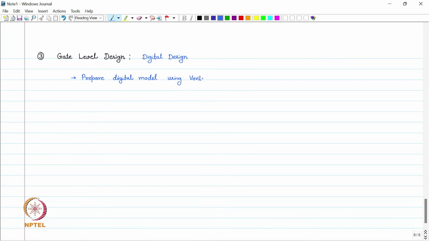These are the two primary languages used for digital design. So in this case, for example, we have a NAND gate here.